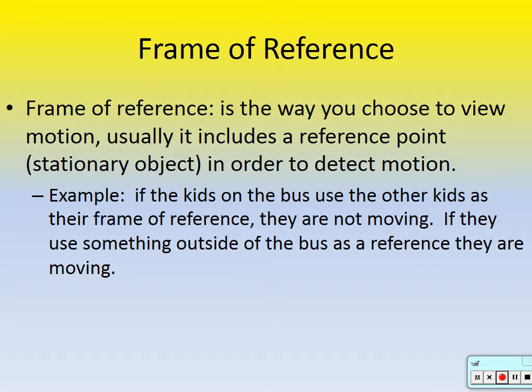Okay, a frame of reference. We're going to talk about this for a second. Frame of reference is the way you choose to view motion. It usually includes a reference point, which is a stationary object, as we just talked about, because that's how we can detect motion.